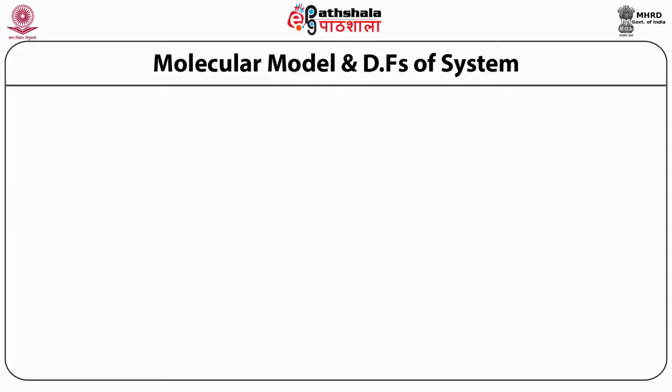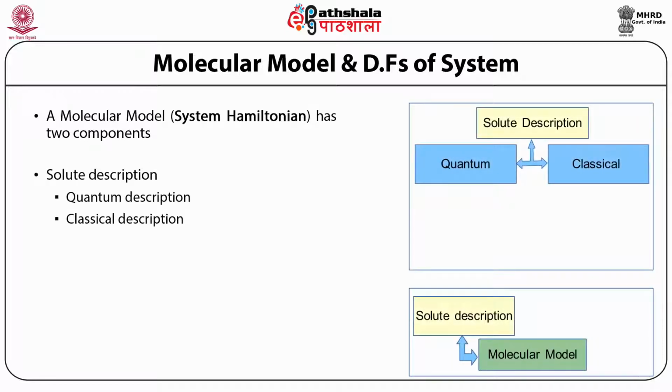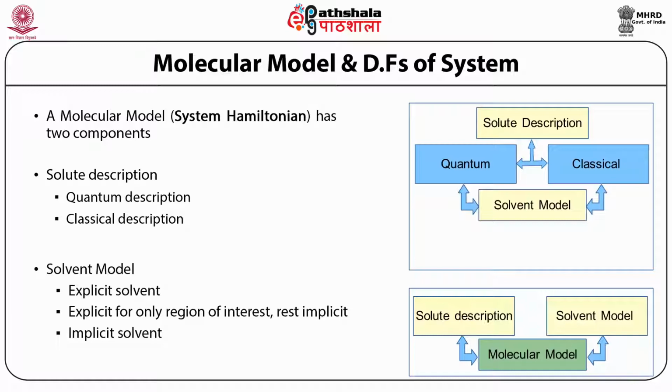Now, if we look at molecular modeling already explained and the degrees of freedom of a system, we can define the model into one is solute description, which can be done in quantum and classical. Normally in macromolecules, we use a classical model. Solvent model also can be both, but we normally use a classical model.